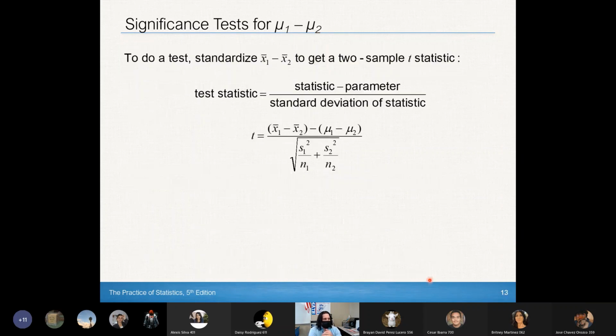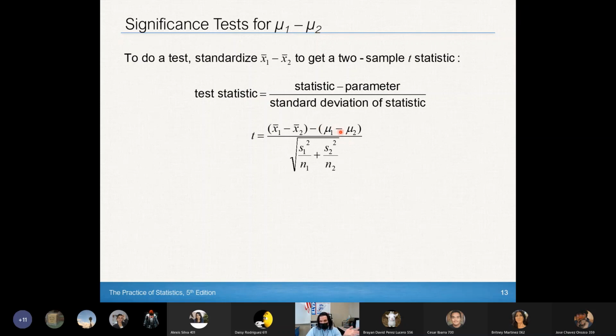To do a test, we must standardize the difference of the sample means to get a two-sample t-statistic. And again, the general form is the test statistic equals the statistic minus the parameter divided by the standard deviation of the statistic. And so we get t equals the difference of the sample means minus the difference of the population means, which in this case, when we're doing a significance test, is based on the null hypothesis values.